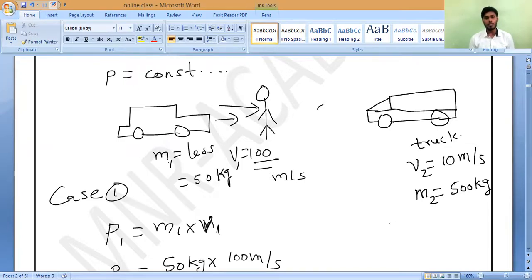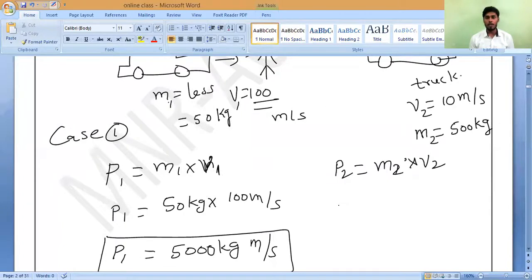Now in this case, please tell me what is the momentum gained by the truck? It is m2 into v2. This is case 2, that is why I'm taking everything as 2. So it equals 500 kilogram into 10 meter per second.